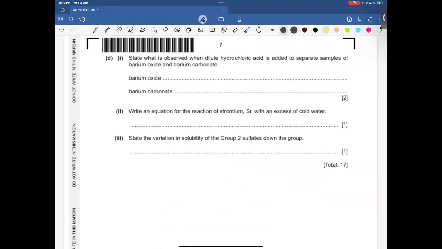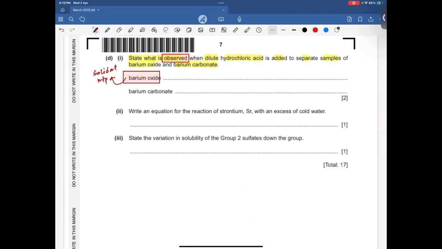Part D. State what is observed when dilute hydrochloric acid is added to separate samples of barium oxide and barium carbonate. First of all, the examiner is looking for the observation. And you know that barium oxide is basically a solid at RTP.